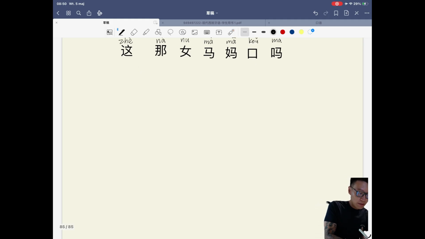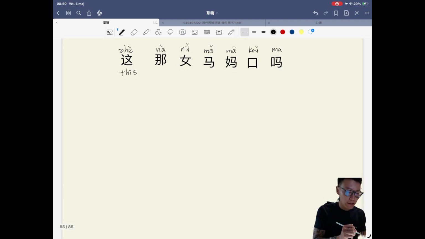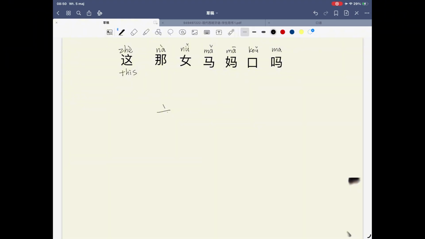这 means this. Okay? This. Now let's write it together. 1, 2, 3, 4, 5, 6. Alright?